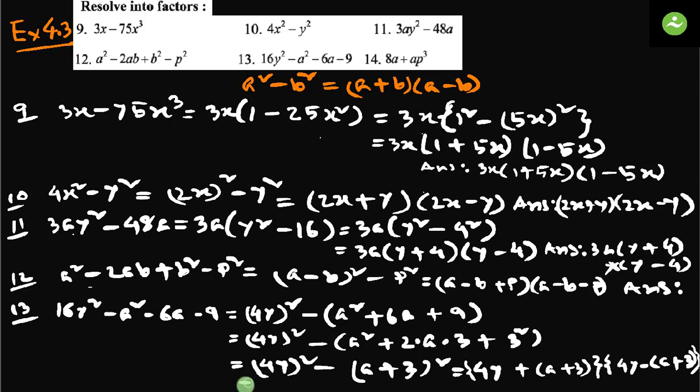So it equals 4y plus a plus 3 into 4y minus a minus 3, and that should be the answer.